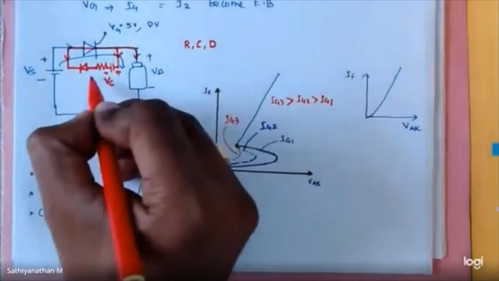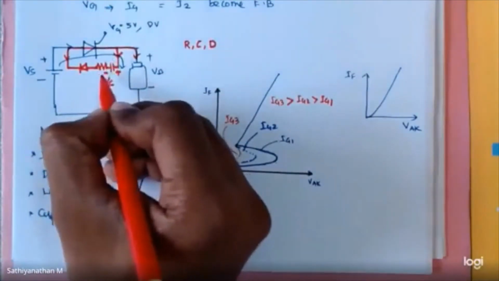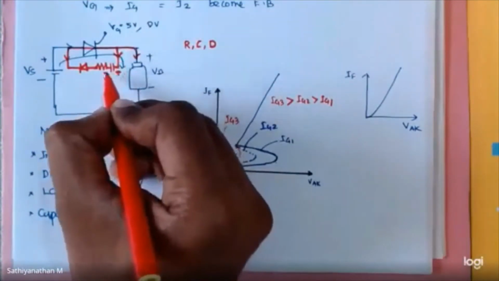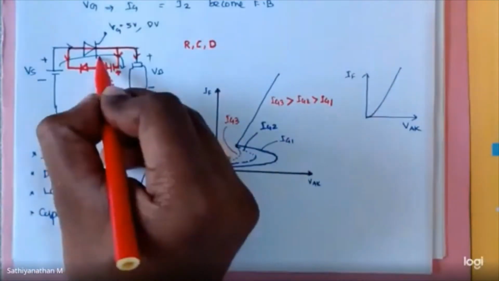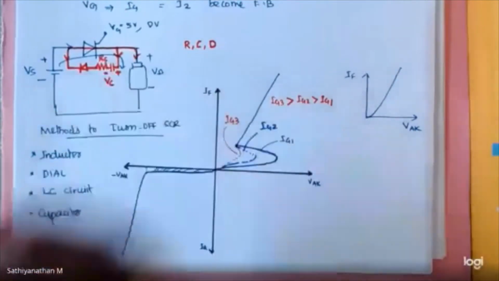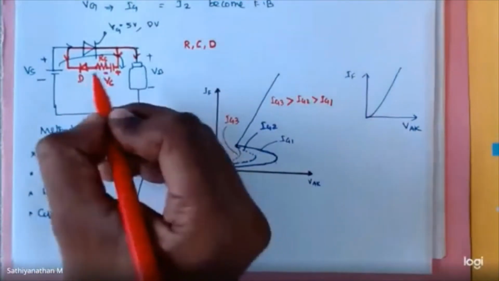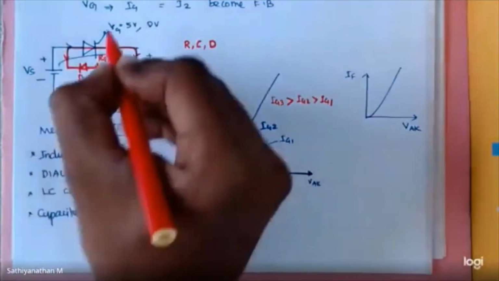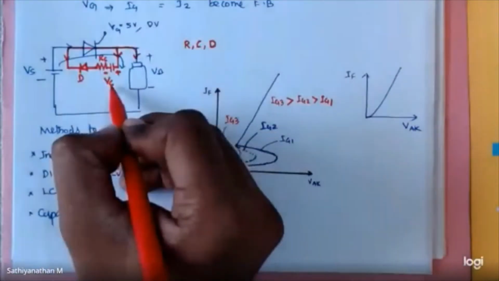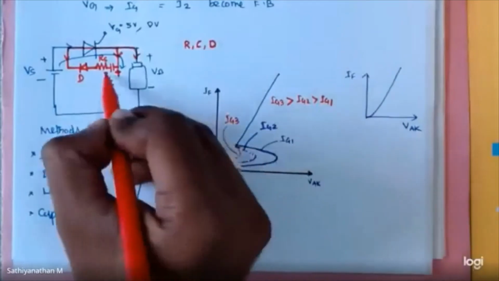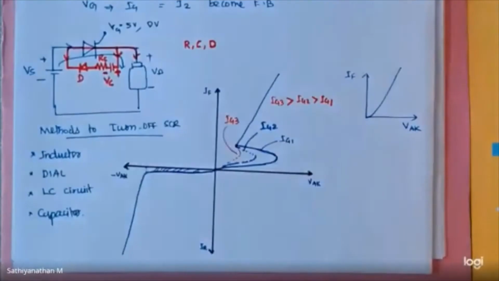So this resistor is a current limiting resistor to avoid excess current flow through this path. Okay, so this is called current limiting resistor, and the diode allows the flow of current. So it completes the loop. Okay, now you have a voltage across the capacitor which is stored.